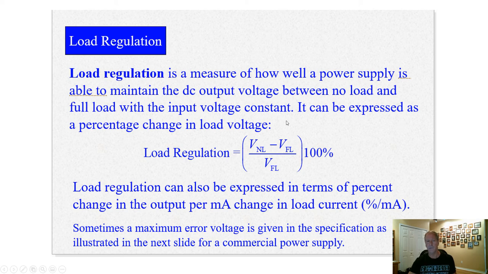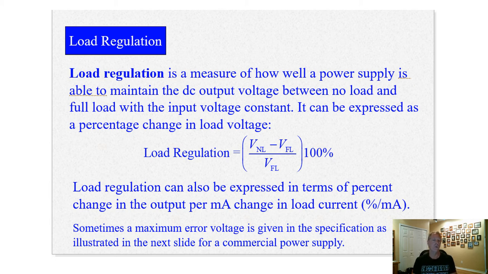We'll do examples of these in a minute, but load regulation is different, where you have no load versus full load. You take the no load voltage, which, using my 5-volt example, say is 5.1 volts. The full load voltage is the voltage that comes out of the voltage regulator when it's at its specified full load current.